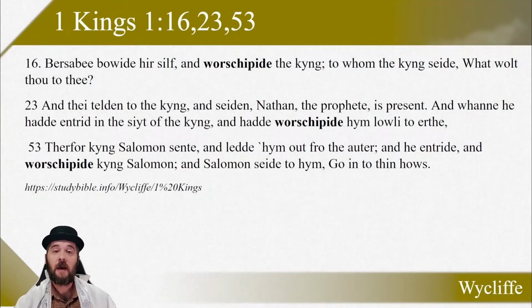They translate this as worship instead of bow down. They translate it as worship instead of give respect to. Because back then, when they were doing these translations, that's what worship meant, was to give respect. Not like worship like we think of it nowadays in the 21st century.